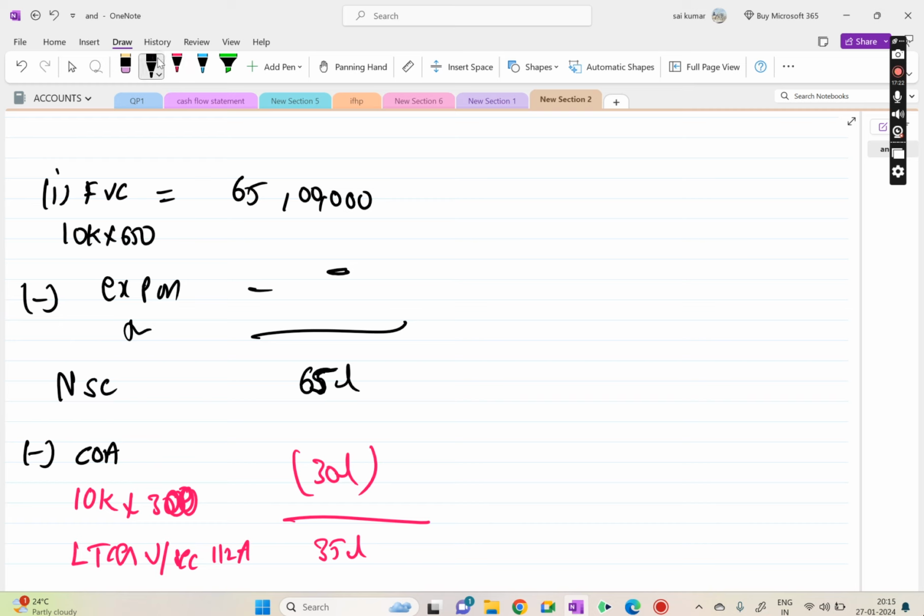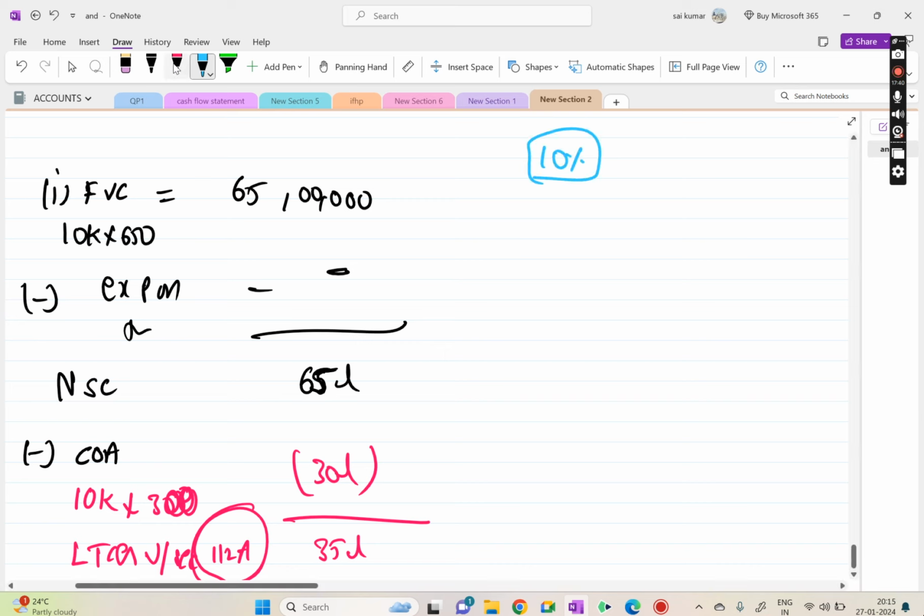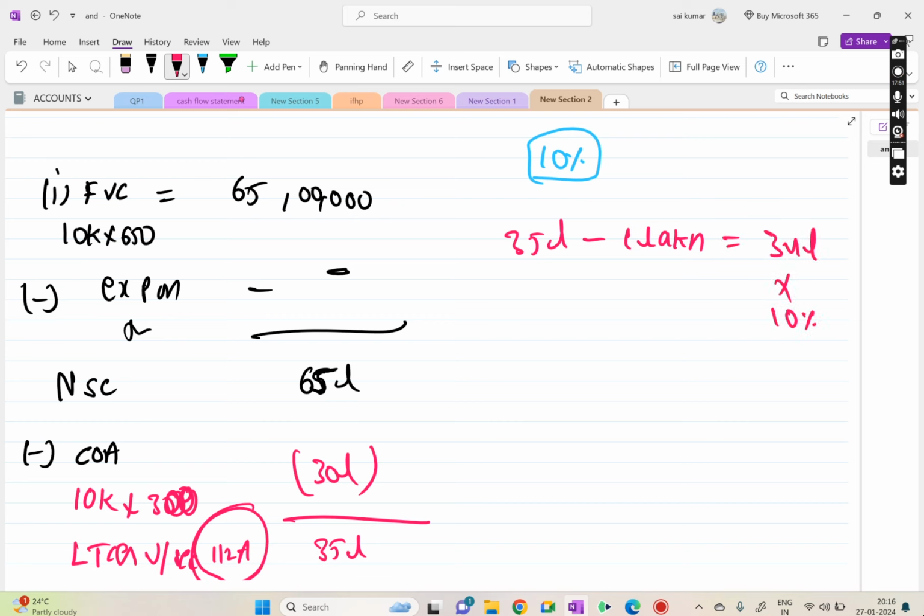Now tell me, what is the tax rate under this section 112A? In yesterday's notes it is there. 10%. Very good. Also, can I claim the 1 lakh exemption? 35 lakhs is the total LTCG. From that I will claim the 1 lakh exemption. So 34 lakhs into 10%, I need to pay 3,40,000 rupees tax. That's all. The question is over.